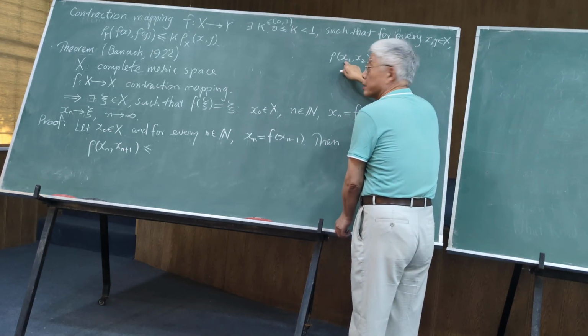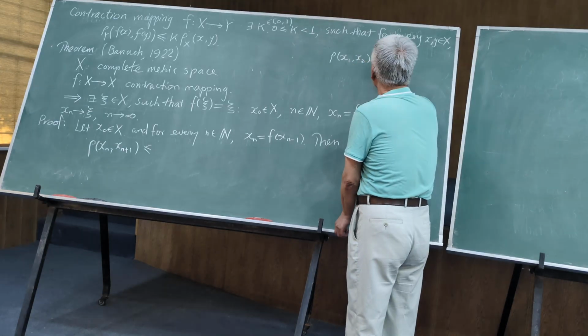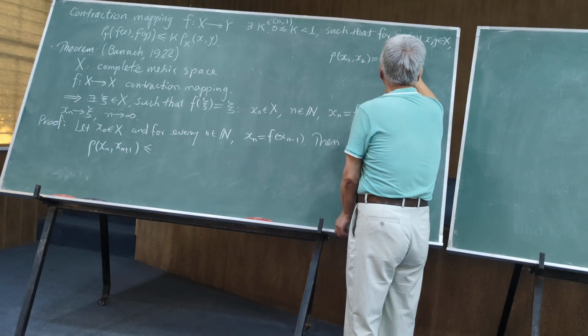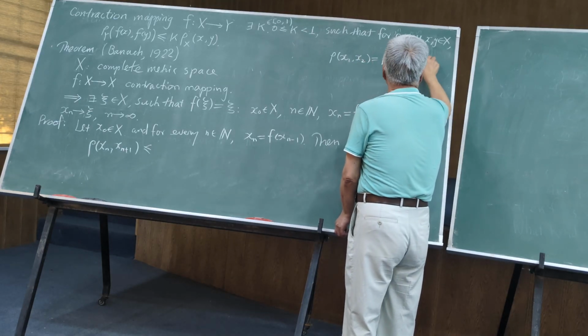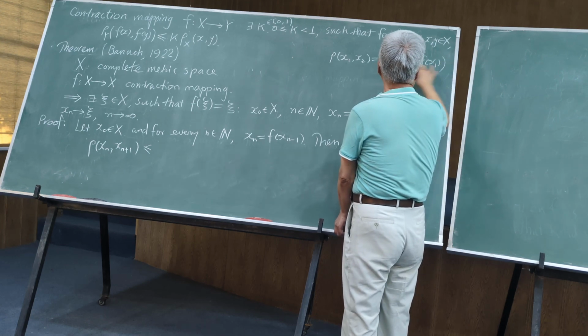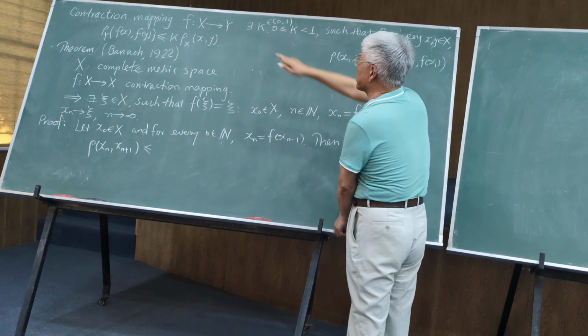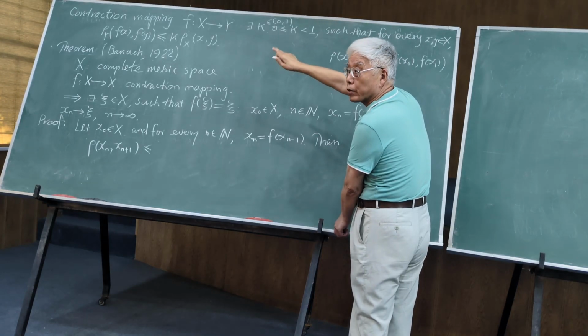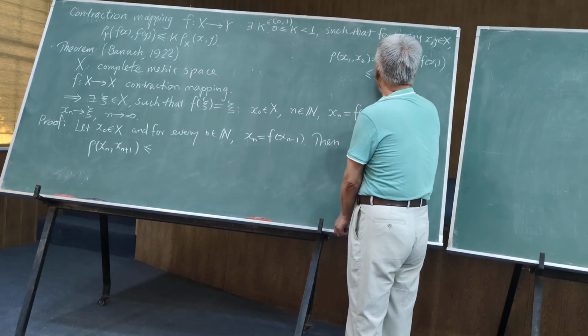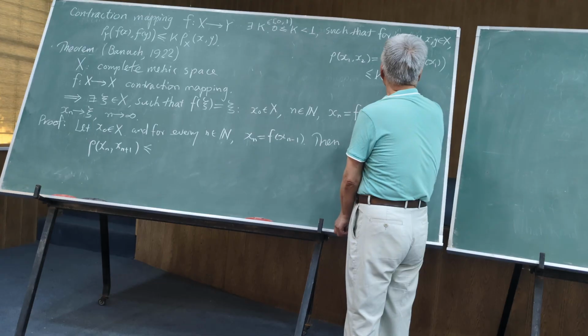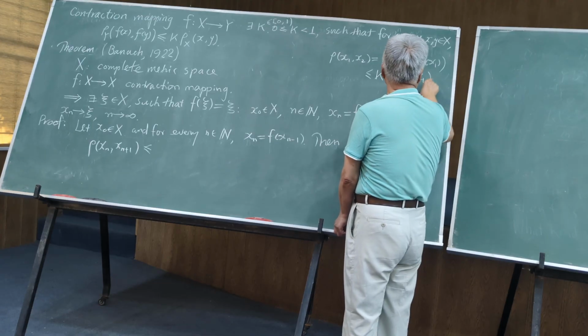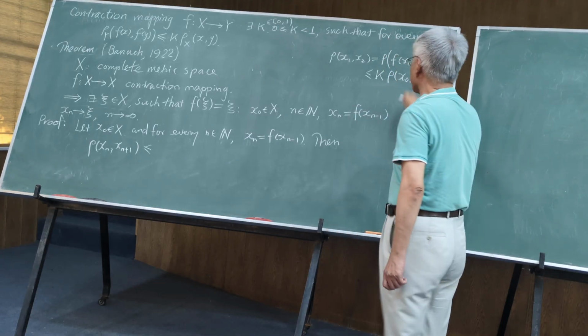This is f of x0. This is f of x1. But this distance is, by that definition, at most k times rho of x0, x1.